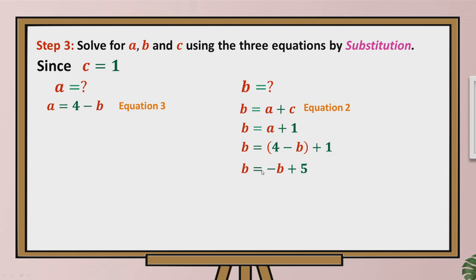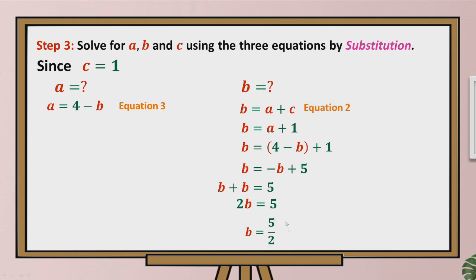So we have b equals negative b plus 5. And then to solve for b, we will just transfer b to the other side of the equation. So the resulting equation will be b plus b equals 5. And then we have 2b equals 5. So to solve for b, we will just divide both sides with 2. Therefore, we can obtain b equals 5 over 2.